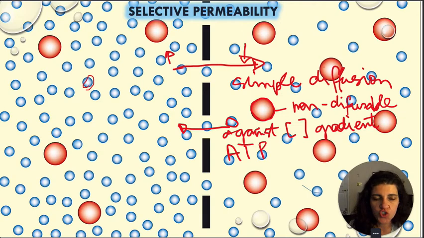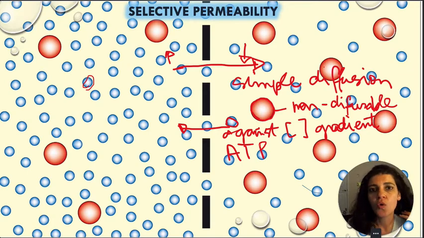So the channels that allow molecules to move against the gradient to make the left side even more concentrated than it was already, that is the type of channel or carrier that requires energy to do that transportation.